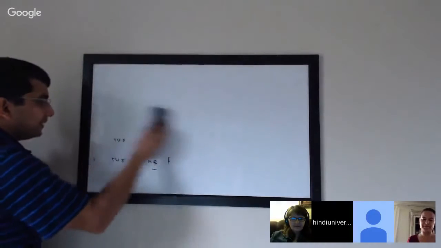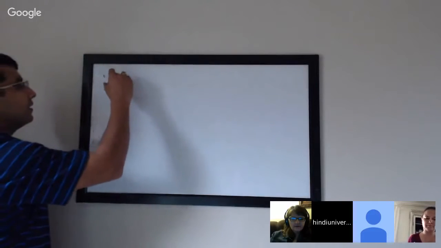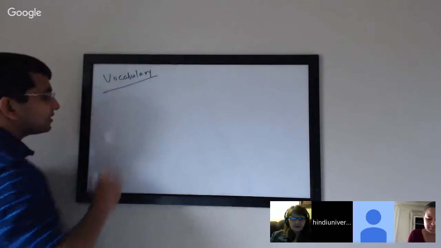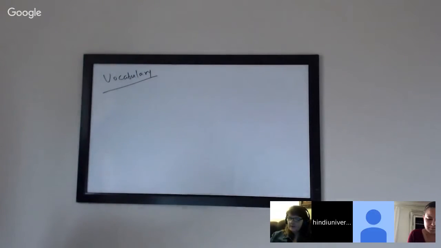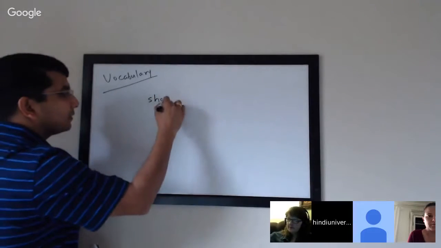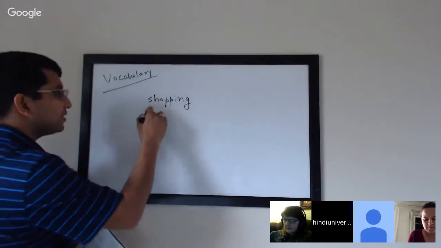So for vocabulary, I just have three. It should be a rather simple conversation, especially if you're watching it. I just have three new things to add here. First one is shopping. Next one is preparation.